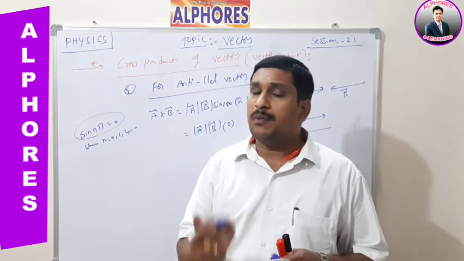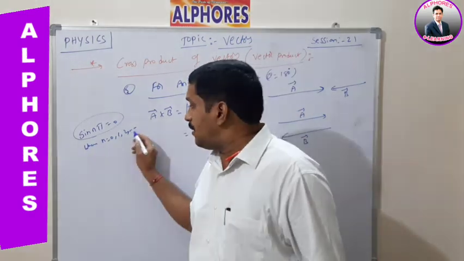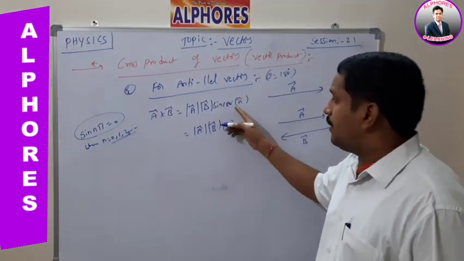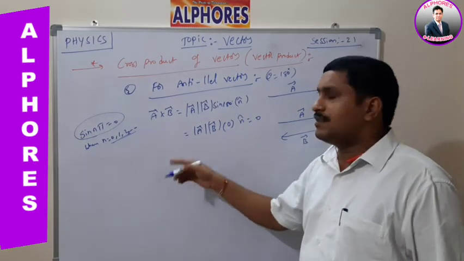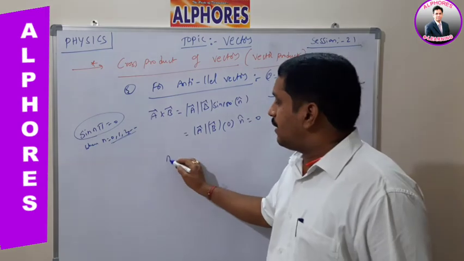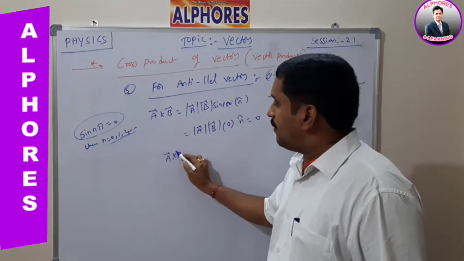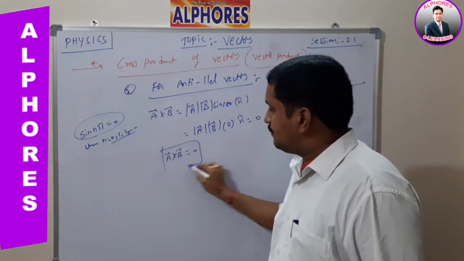So sin of integral multiples of pi is always 0. According to this result, sin 180 is 0, and 0 into anything is 0. That means the cross product of these two anti-parallel vectors is also 0.